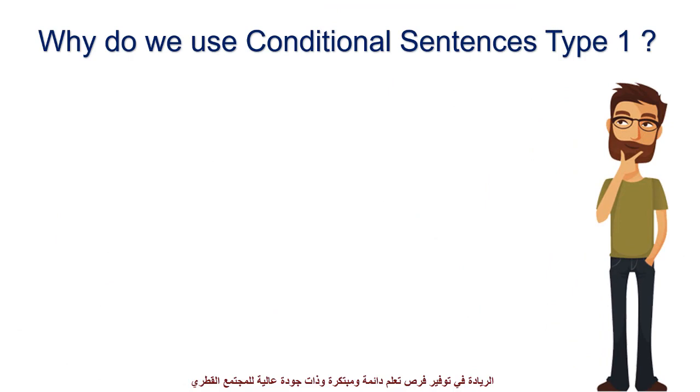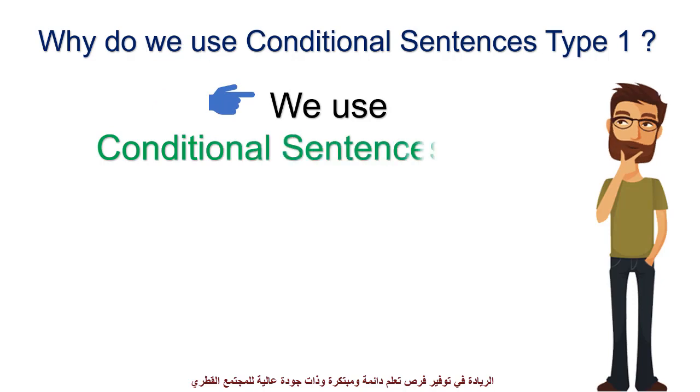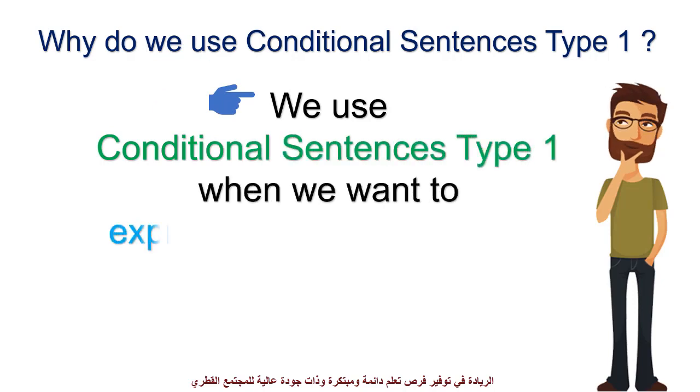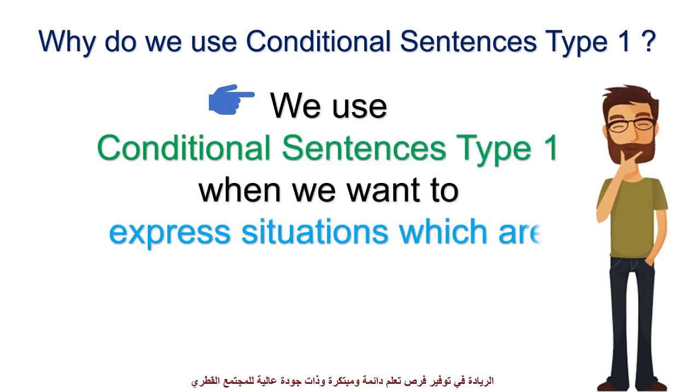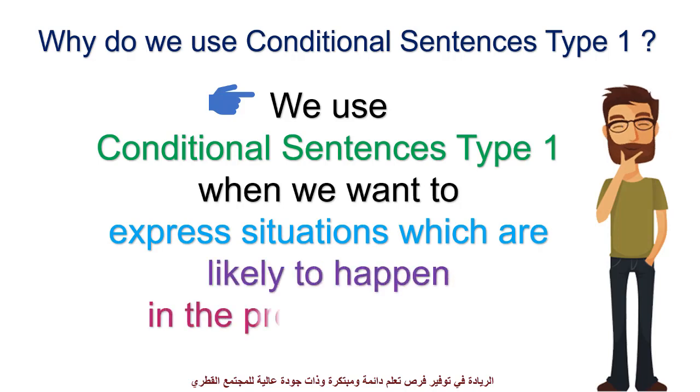Why do we use conditional sentences type 1? We use conditional sentences type 1 when we want to express situations which are likely to happen in the present or future.